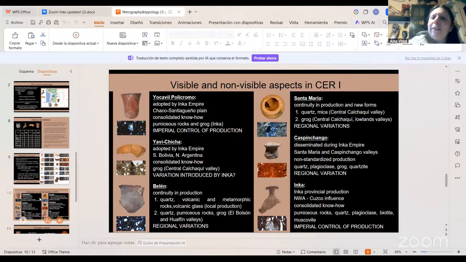So, a quick classification of these different groups according not only to morphological and stylistic aspects, but also to their petrology, shows us that some of these potteries, as already published, were adopted by the Inca Empire, in the case of Chocabil, were disseminated during the Inca Empire, like in the case of Caspinchango, were continuity from the forms and the recipes that were previously made in the different areas of northern Argentina, for example, Santa Maria, Belén, or we have a provincial production of typical Cusco places.